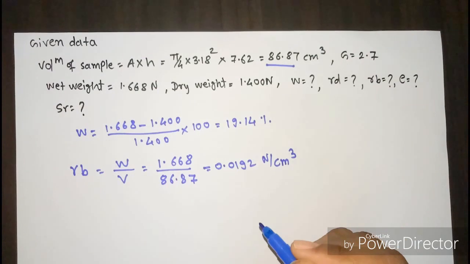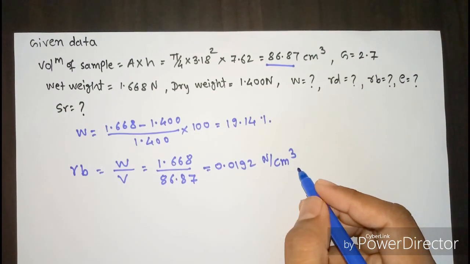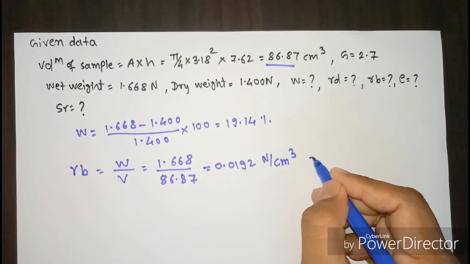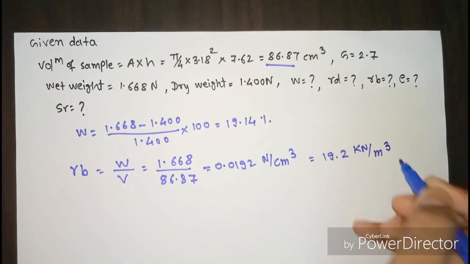Okay, now this Newton per centimeter cube we have to convert into kilonewton per meter cube. So it is 19.2 kilonewton per meter cube.